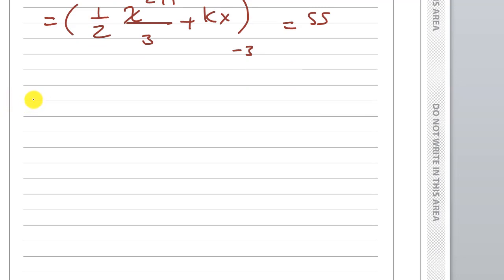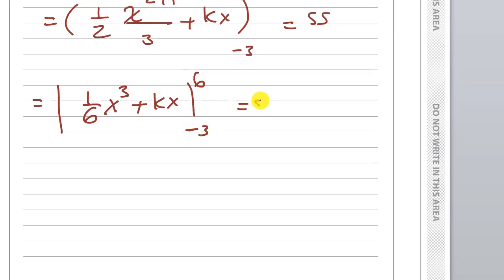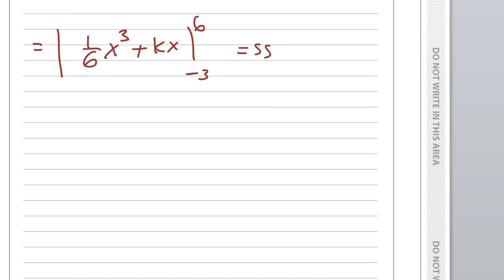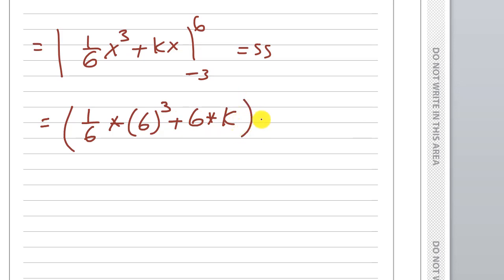So it's equal to 1 over 6 x power 3 plus kx from minus 3 to 6 equal to 55. So it's equal to 1 divided by 6 multiplied by 6 power 3 plus 6 multiplied by k, minus 1 over 6 times minus 3 power 3, minus 3k, equal to 55.